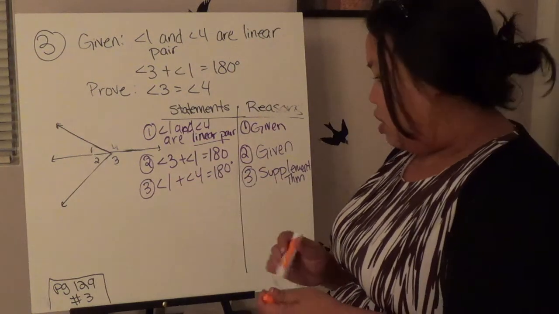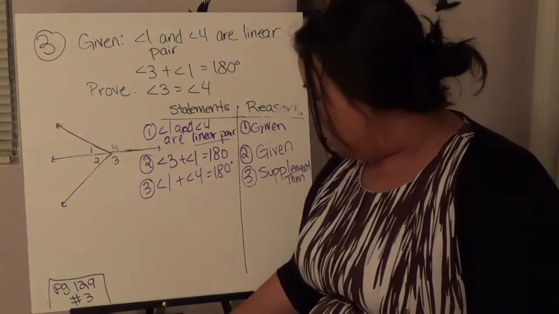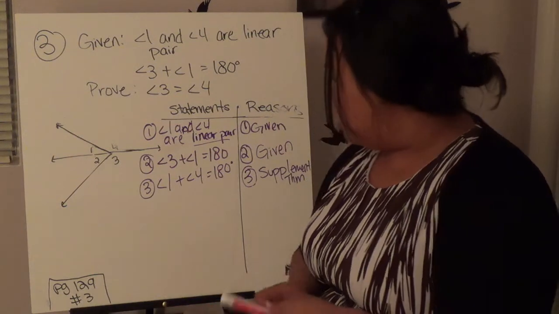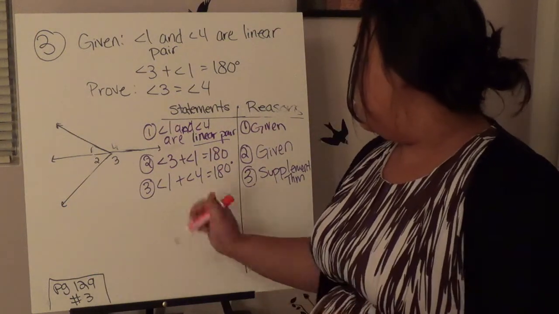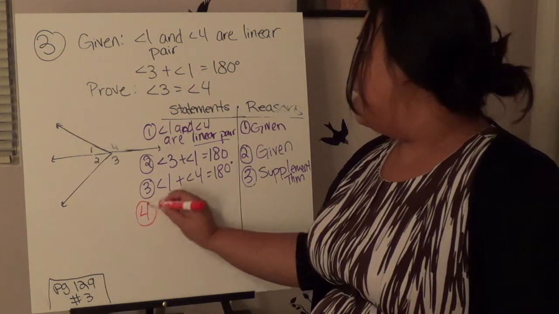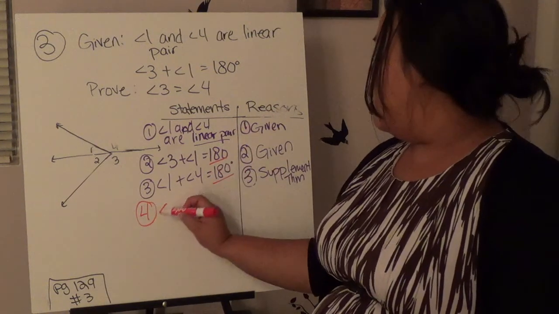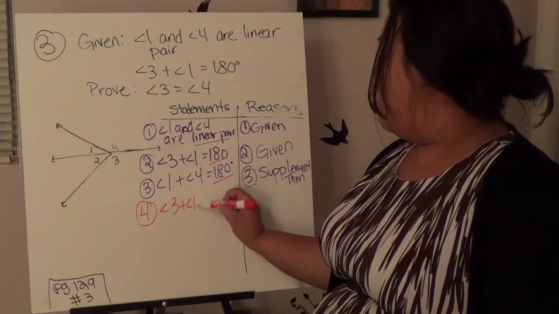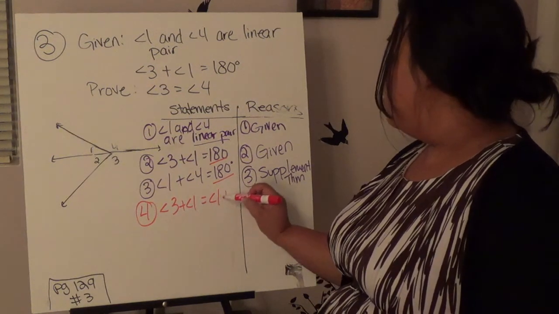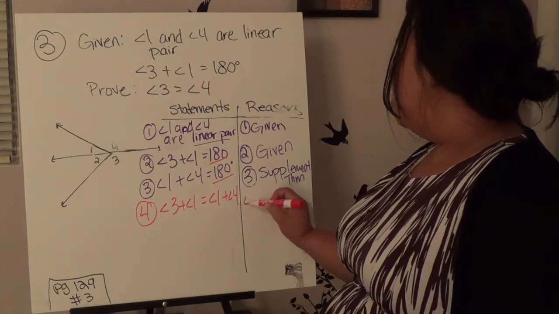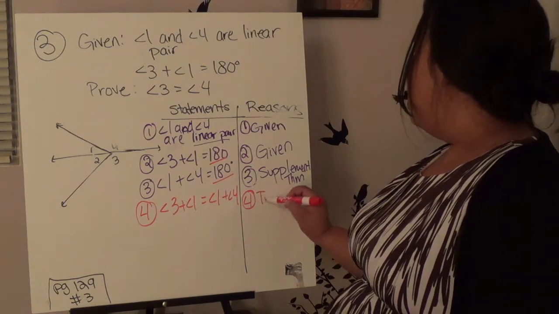It's a theorem called the transitive theorem, which you use a lot in your assignment. So the next step is to take out 180. And so since this is 180, angle 3 plus angle 1 equals angle 1 plus angle 4. This is called the transitive.